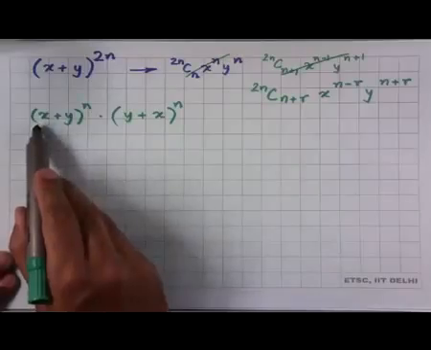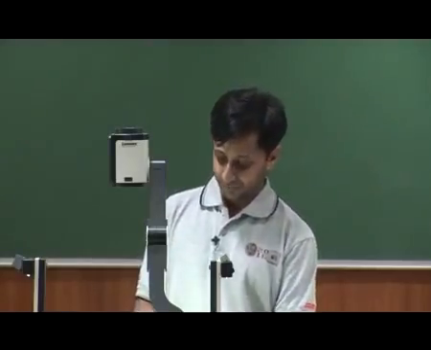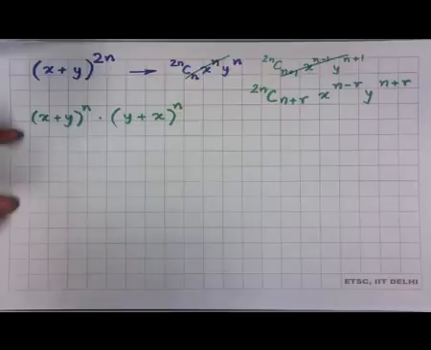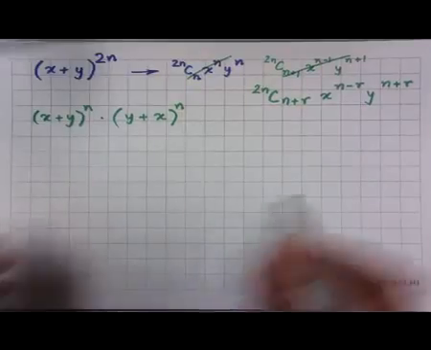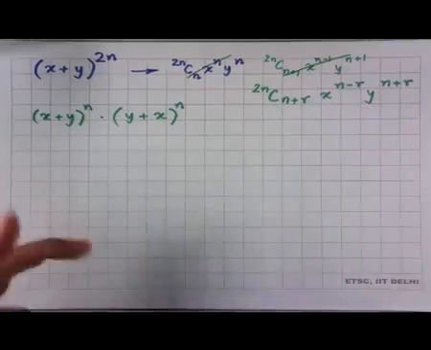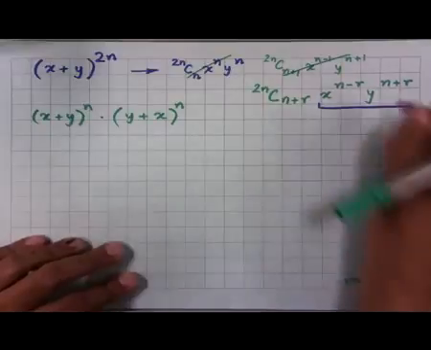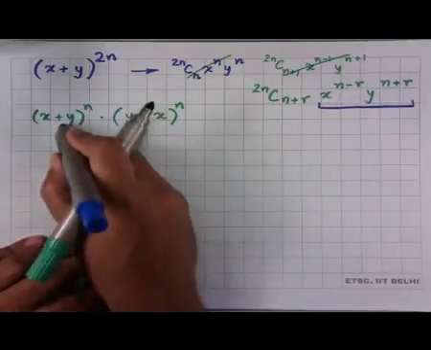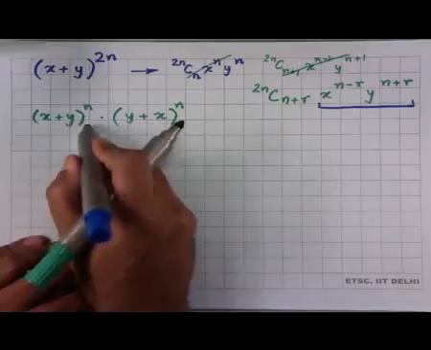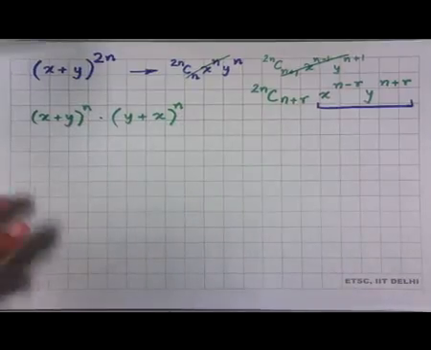In one case I have written x + y, in the other case I have written y + x. This is just my magic. Okay. So, what can we do? We are looking for the coefficient of x^(n-r) y^(n+r) in the expansion of (x + y)^n (y + x)^n. That is our plan.